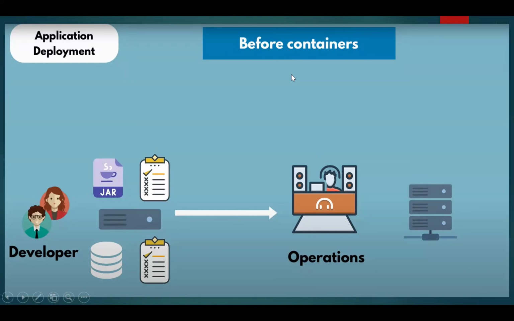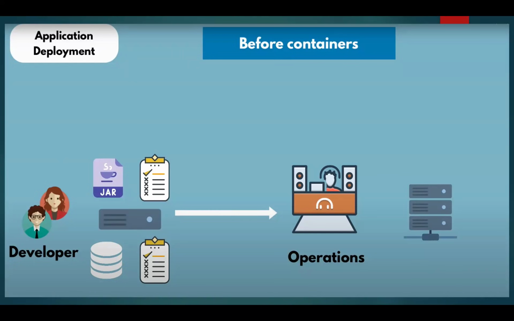Previously, before containers came into the picture, the developer used to send a jar file plus a written text file on how to install the application, because even before the customer gets the application, QA tests the application, and QA doesn't know how to install it.